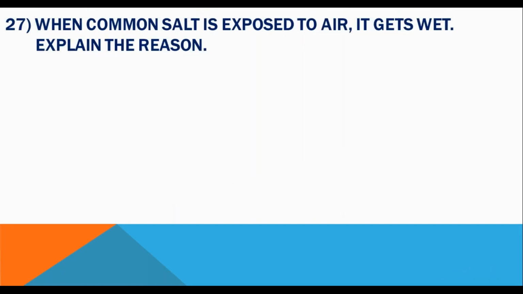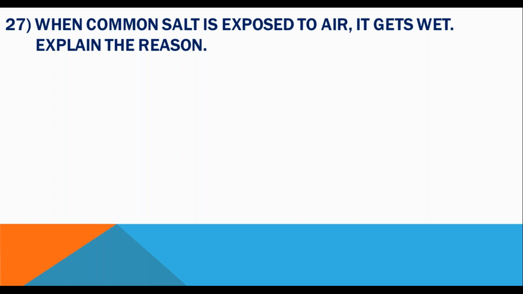Number 27. When common salt is exposed to air, it gets wet. Explain the reason. Can you remember that in the small tank, not only sodium chloride is precipitated? Along with sodium chloride, two other components are also precipitated: magnesium chloride and magnesium sulfate.